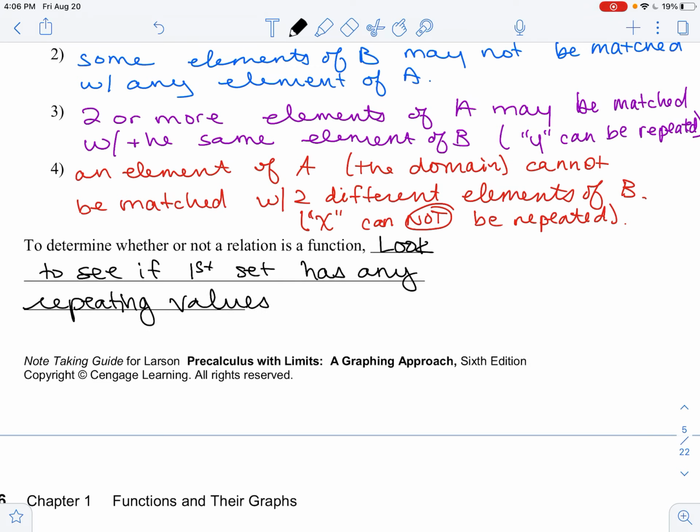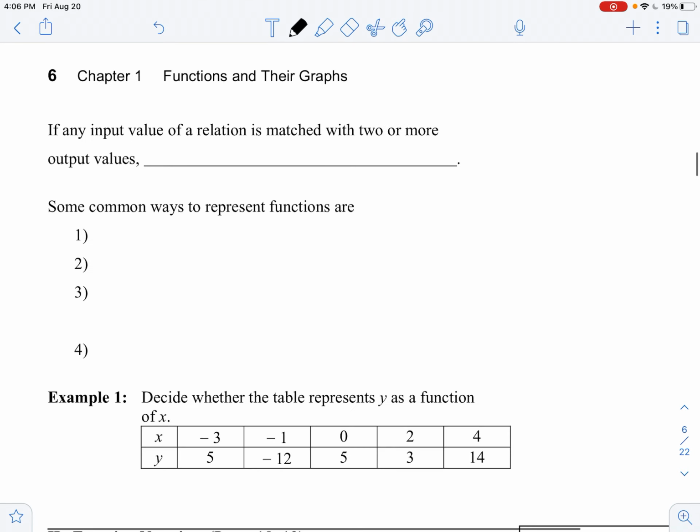Often it means you're going to look to see if x is repeated or not. If it's repeated, it's not a function. If any input value in a relation is matched with two or more output values, then the relation is not a function.